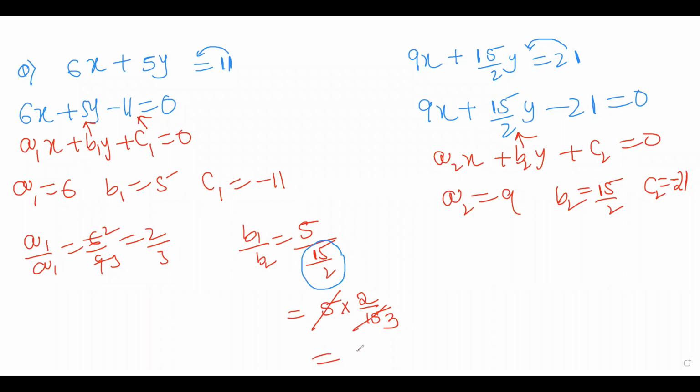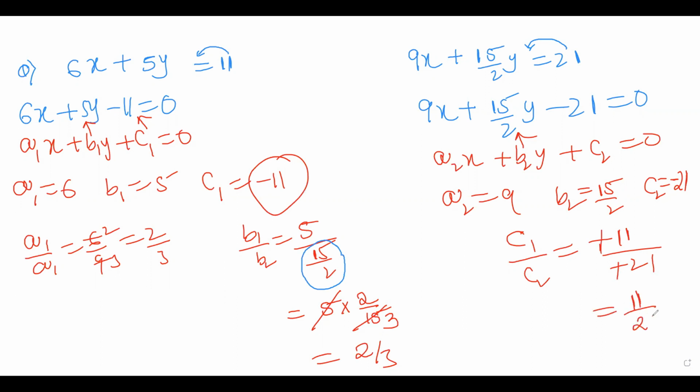You will get 2 by 3. What is c1 by c2? c1 is minus 11, c2 is minus 21. Minus minus cancel. The answer is 11 by 21. Got it?